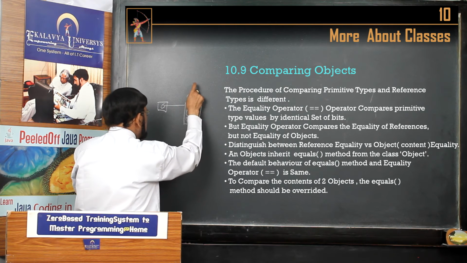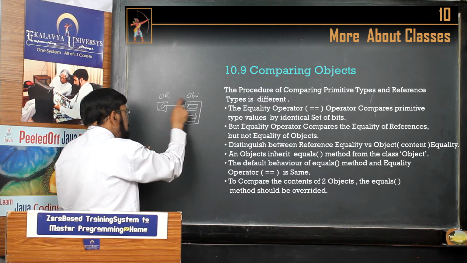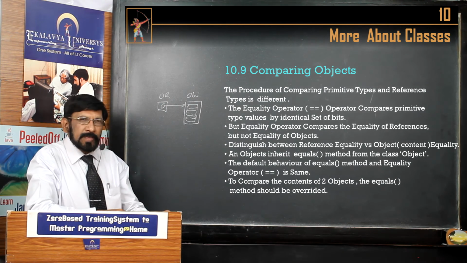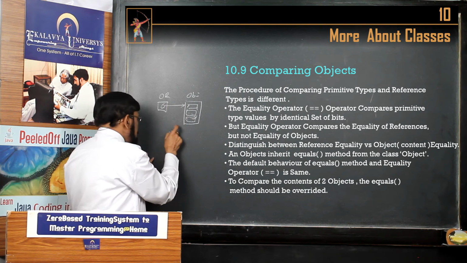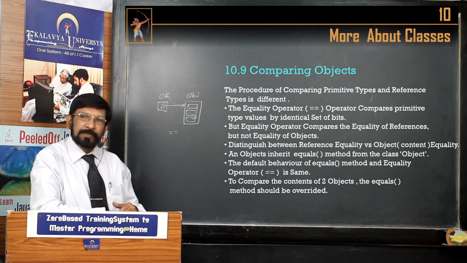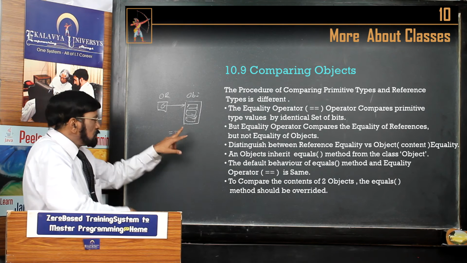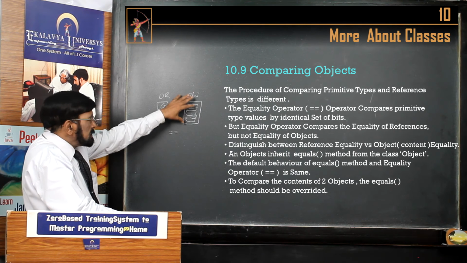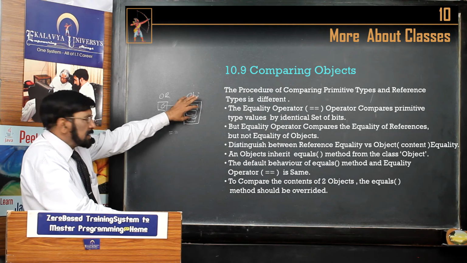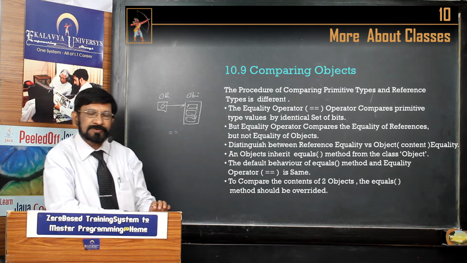If you use the same equality operator which we used on primitives, what happens? Here, two things are there. The real thing is the object, where the contents are. And this is the object reference. That point you have to understand.